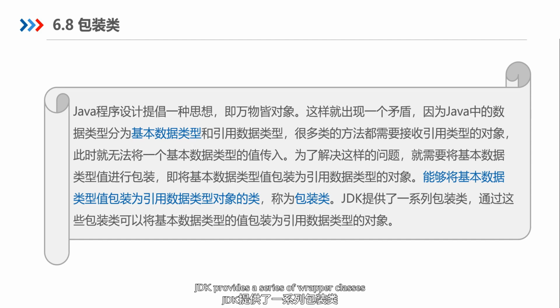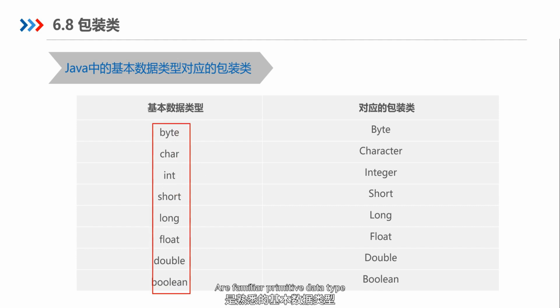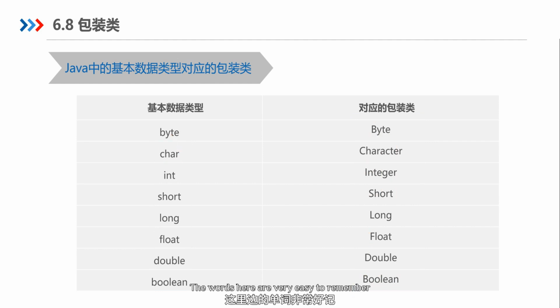The JDK provides a series of wrapper classes, so take a look. First, look at the left-hand column. These are the familiar primitive data types, and the reference types correspond to them one by one. The words here are very easy to remember. Here's what you need to remember in particular.